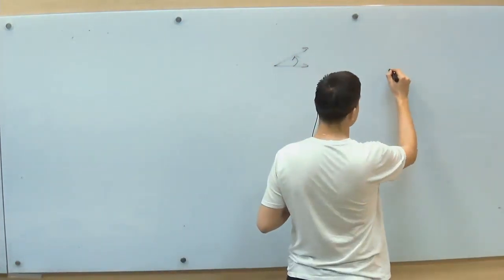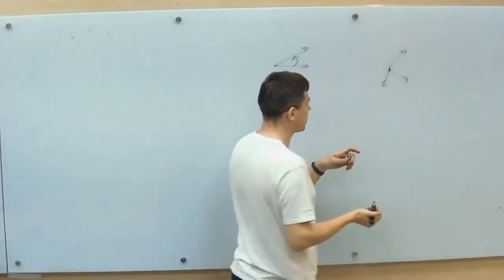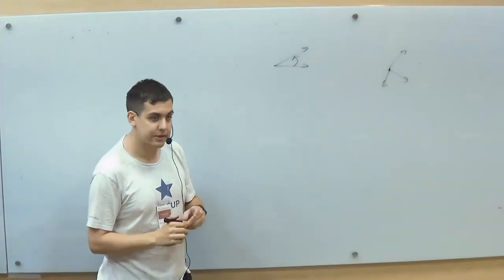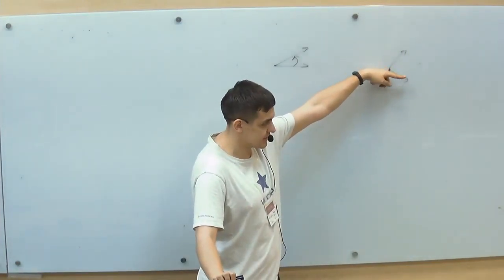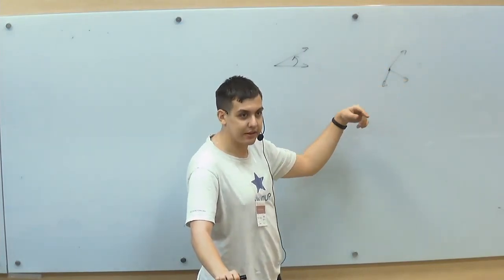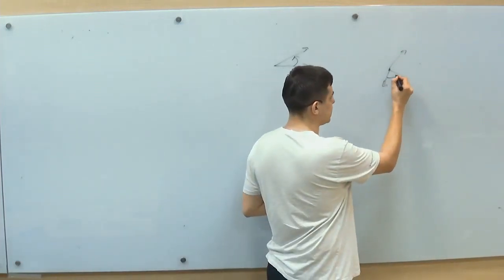In 3D, it's the same. So we take the first vector and the second vector. We look at the direction from the first one to the second one.